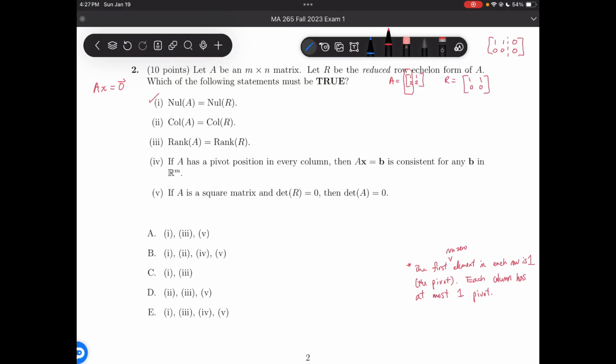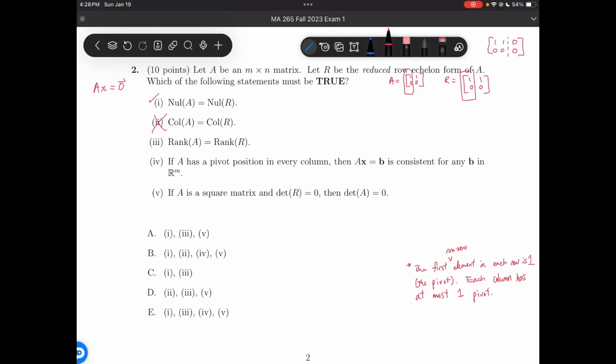Now, if I were to find the column space of R, we already put R in the row reduced echelon form. However, this time the corresponding column for the pivot is 1, 0. So in this case, we have a counterexample that shows us that the column space of A is not necessarily equal to the column space of R. So that's why 2 is false.